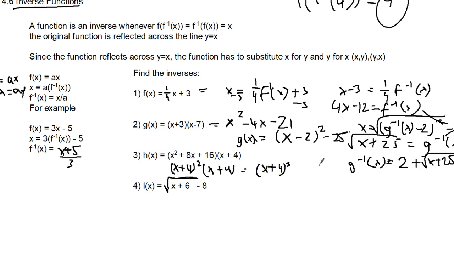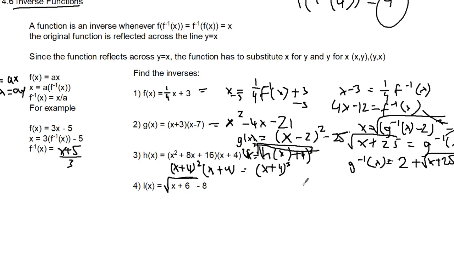Now we can switch h of x and x. So, x is equal to h of x plus 4 all cubed.